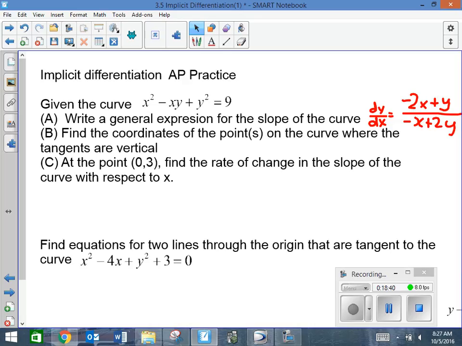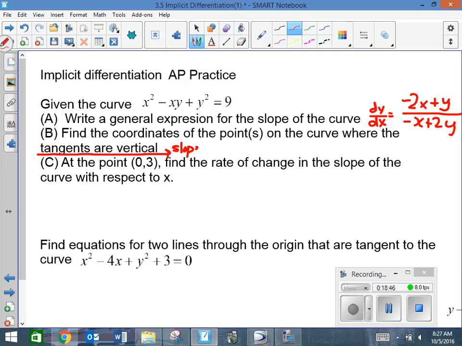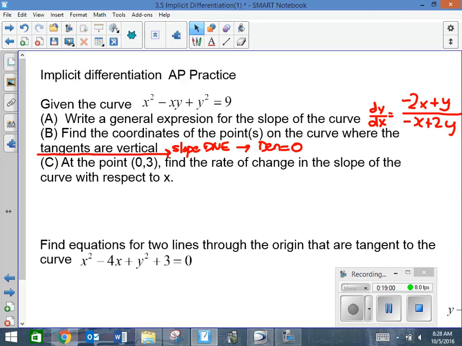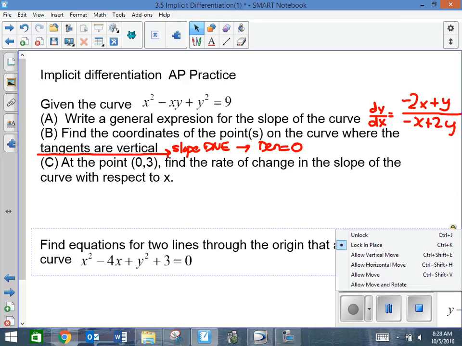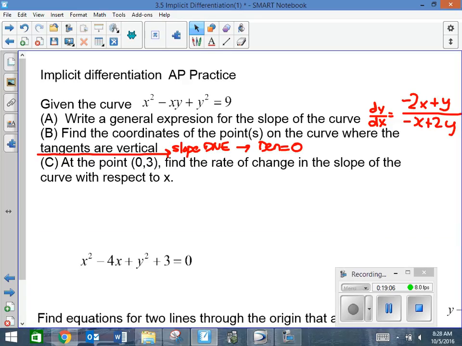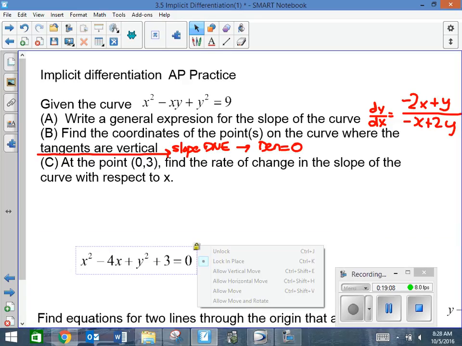The slope doesn't exist. Nice, Emma. The denominator of that fraction would equal 0. We can do this first one all together.